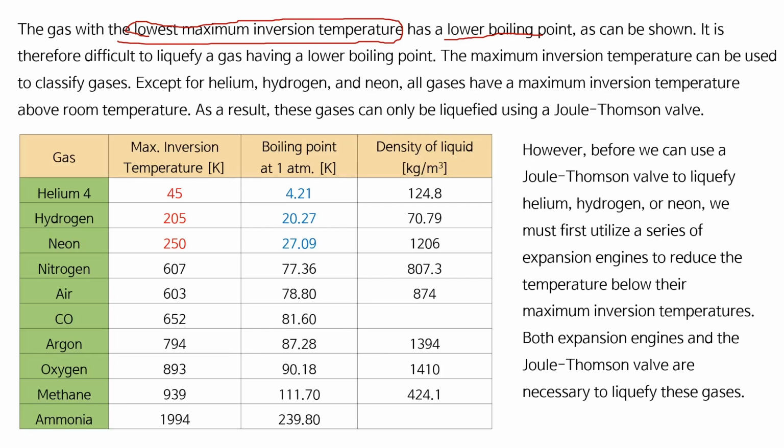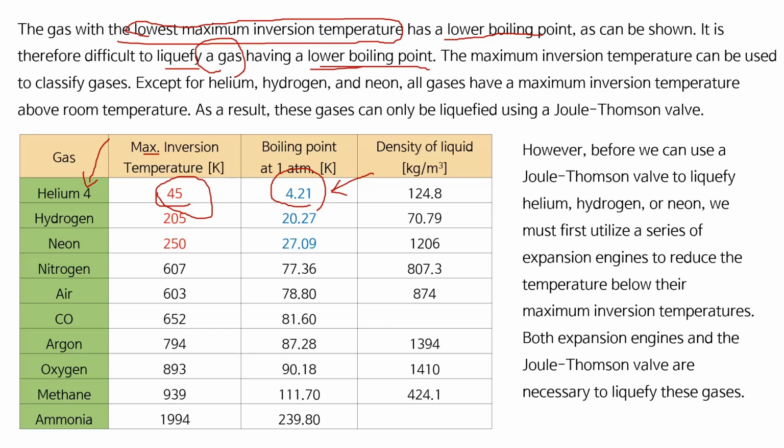So helium has the lowest maximum inversion temperature, and helium has the lowest boiling point among all gases. It is therefore difficult to liquefy a gas having a lower boiling point. The boiling point is 4.2 Kelvin for helium, so that's the lowest boiling point.